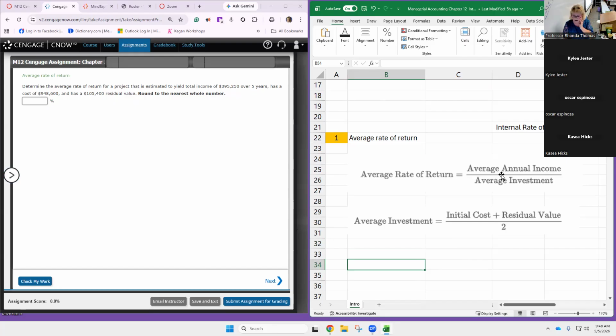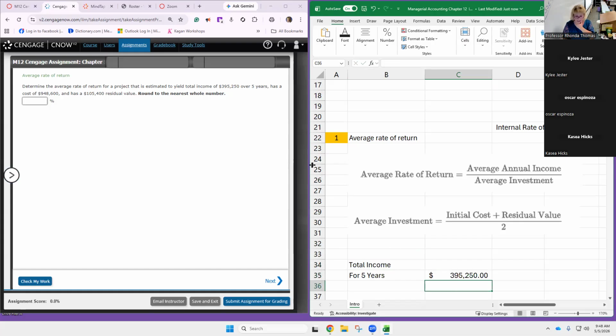So the average annual income, we could take this number and divide by 5. Here is total income for 5 years, so let's put that in.